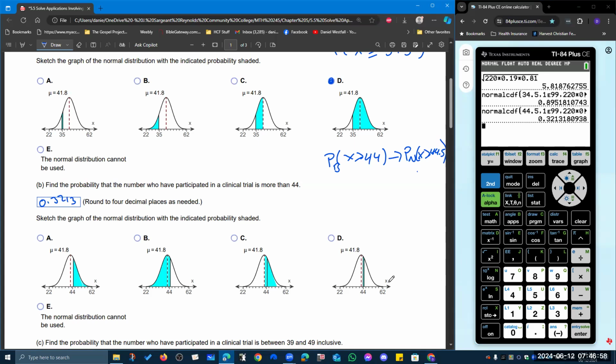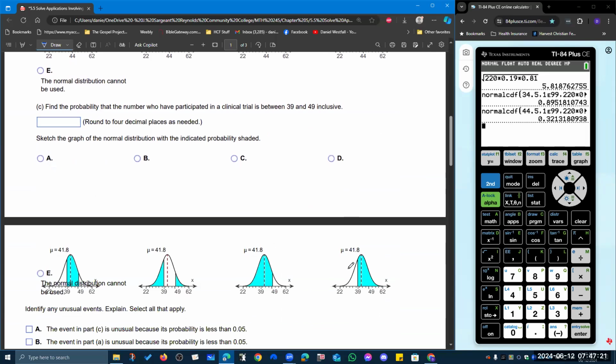And we still have a greater than situation. 44.5 needs to be a little bit to the right of 44. So there's the mean, there's 44, and 44.5 is over here, so it's a.